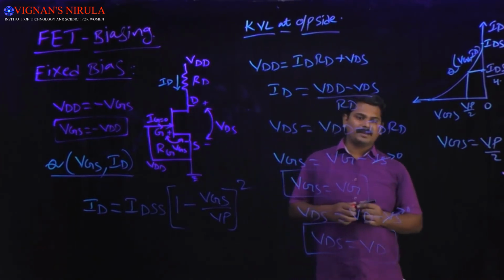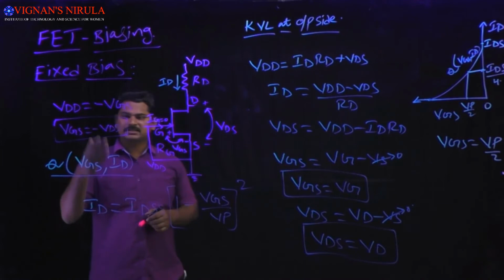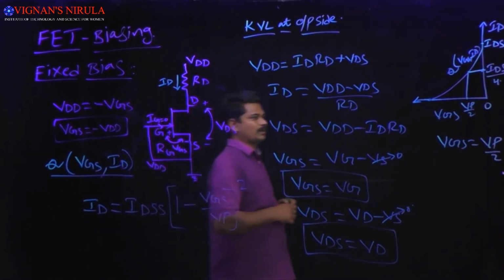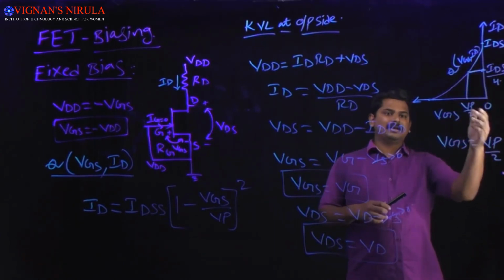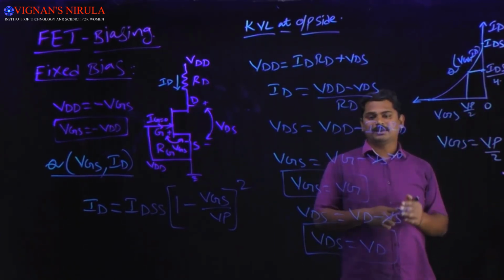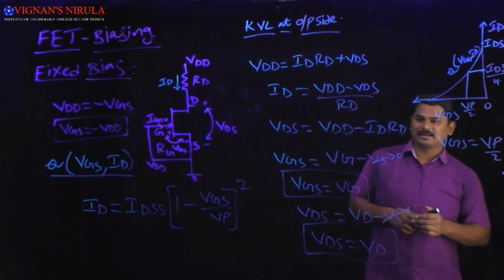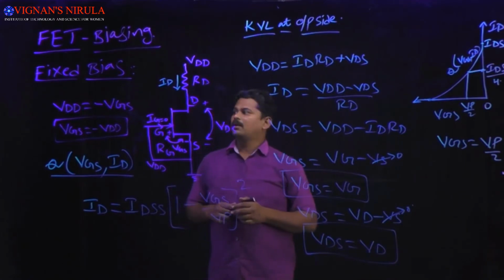In fixed bias, the value of VGS is dependent upon the applied bias voltage VDD, so even though it is fixed, the drain current also varies with the VDD value. That's why we are going for the next biasing technique, and that is called self bias.